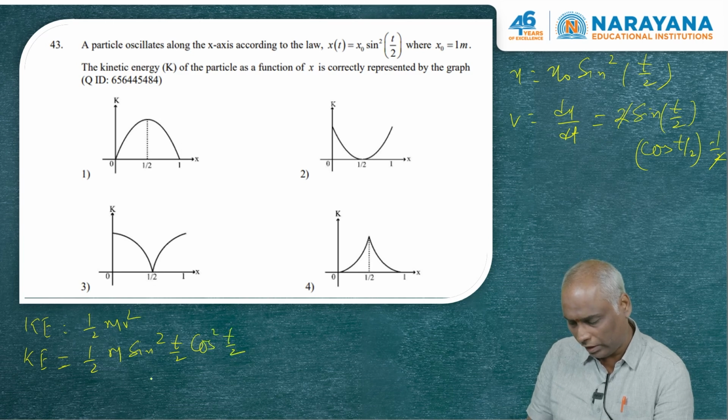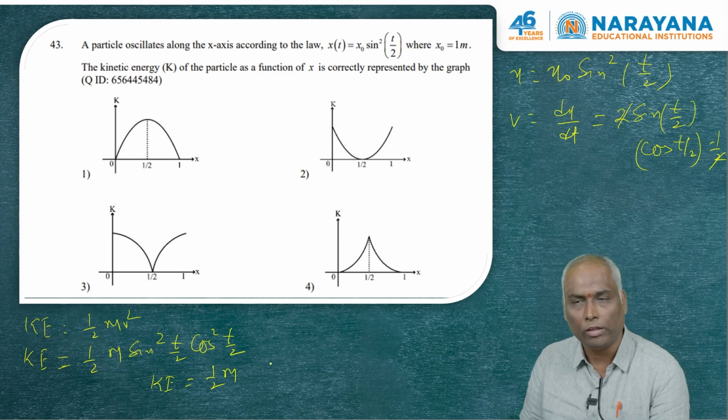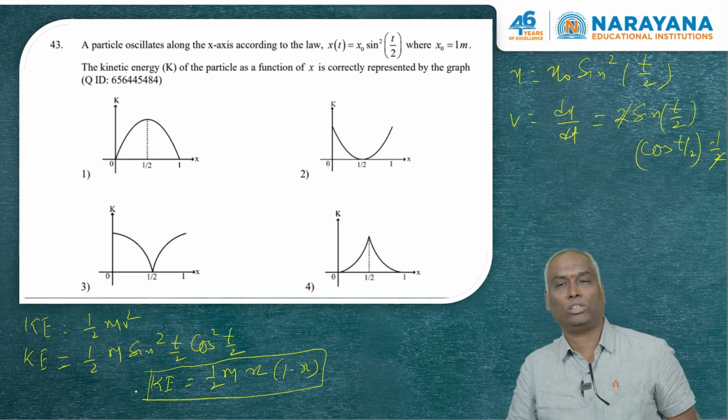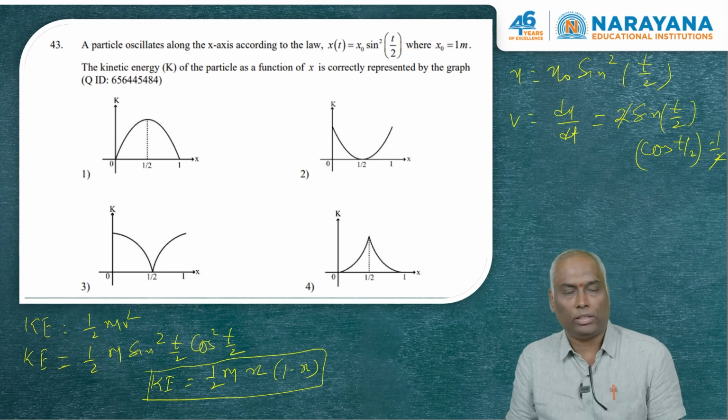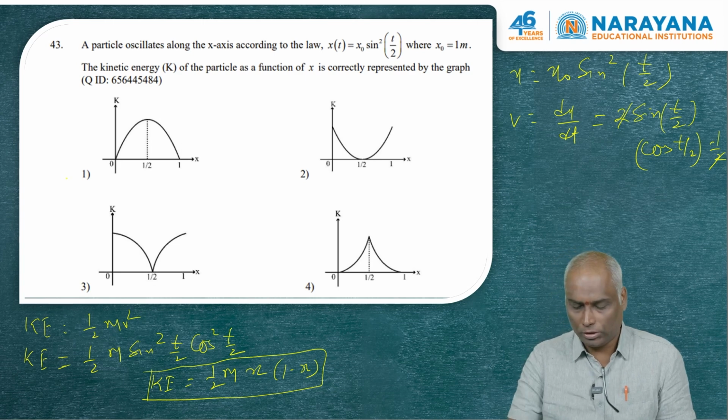Converting this in terms of x, we get half m into sine square t by 2, which, because x naught is 1, is equal to x, whereas cos square t by 2 is going to be 1 minus x. Looking at this equation, the kinetic energy is 0 when x is equal to 0, as well as at x equal to 1 meter. It is going to be maximum at x equal to 1 by 2. Therefore, option 1 is correct.